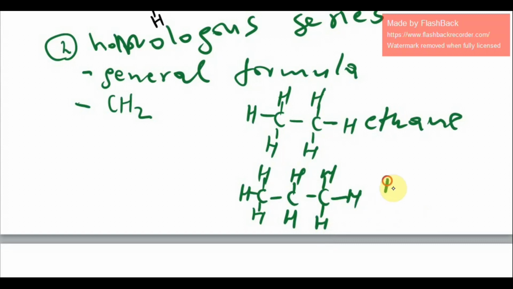This one is propane. Okay, since this one is similar to this one, they belong to the same homologous series because they only differ from each other by a CH2 group. Meaning that they have the same general formula.